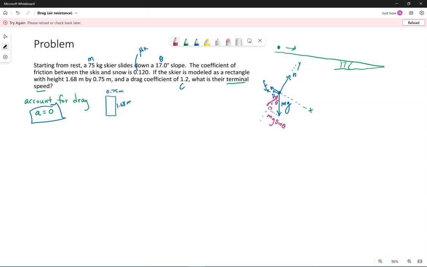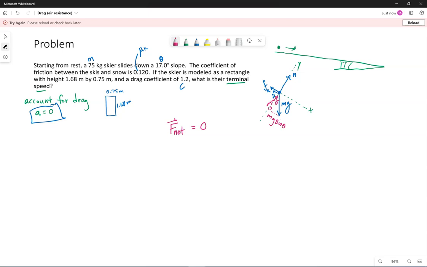We are wanting to get to terminal speed, which will be within the drag. We know terminal speed occurs when there is no acceleration. So we can say that the net force in both the x direction and the y direction is 0.